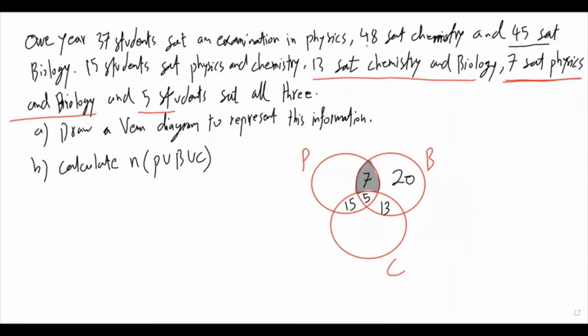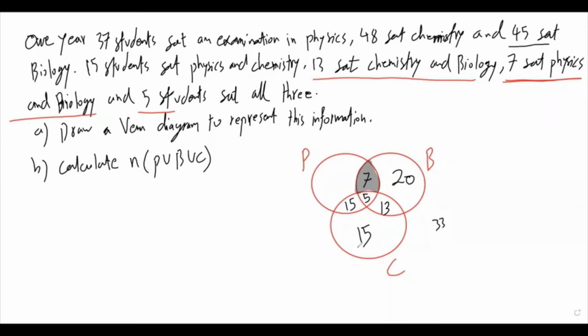And then 48 sat for chemistry. This is chemistry. 48 minus all these numbers, which is basically 13 and 15, that is 28 with 5, that is 33. So 48 minus 33, which is 15, if I'm not mistaken.